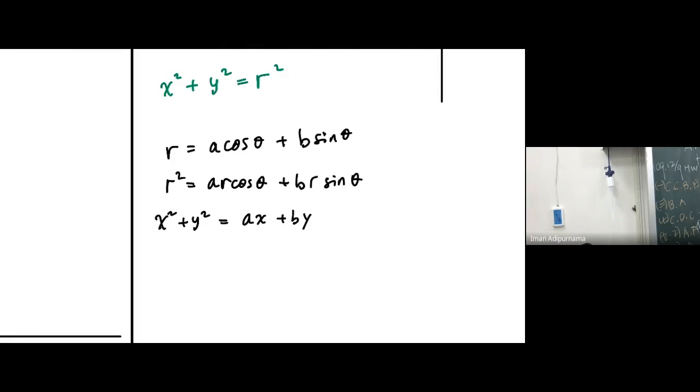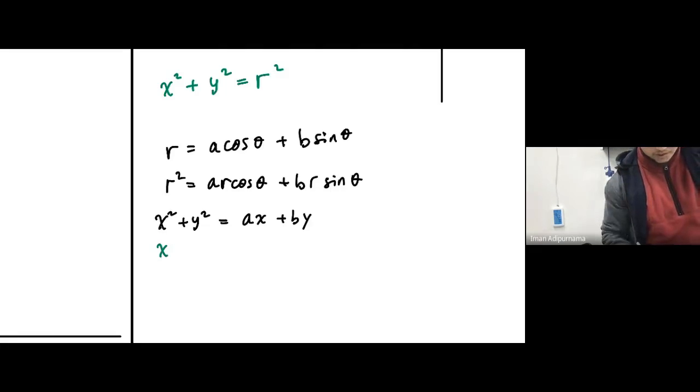Come on, it's x squared and ax combined here, y squared and by combined, and complete the square. Do you understand what I mean? Complete the square. Here, x squared minus ax, and then plus y squared minus by.